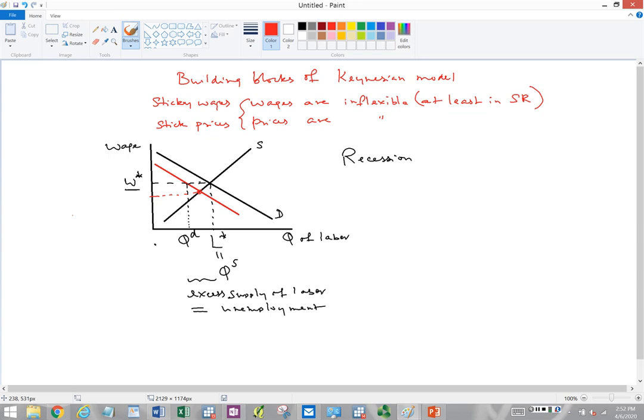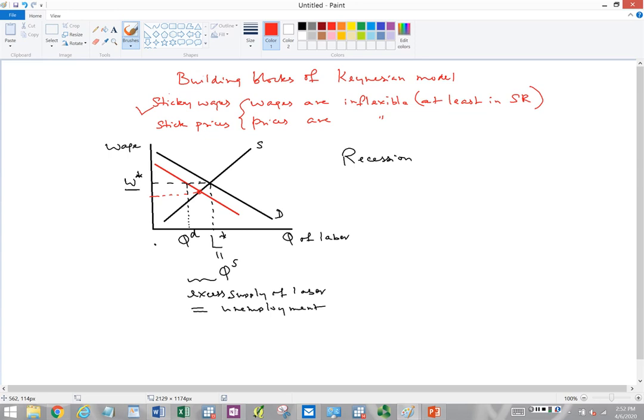Remember, unemployment is an excess supply of labor. So to explain the existence of an excess supply of labor, we need inflexible wages. You follow me? Right? So this is where the Keynesian sticky wages assumption comes in. This is how we might explain the rise of cyclical unemployment in an economic downturn.